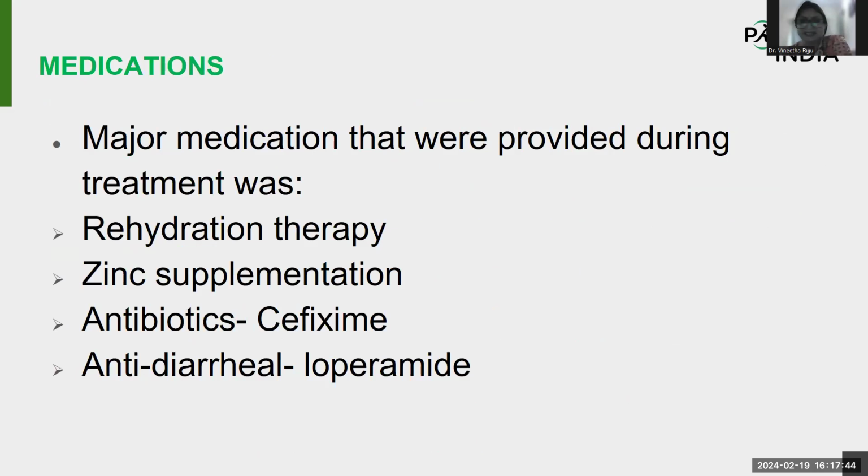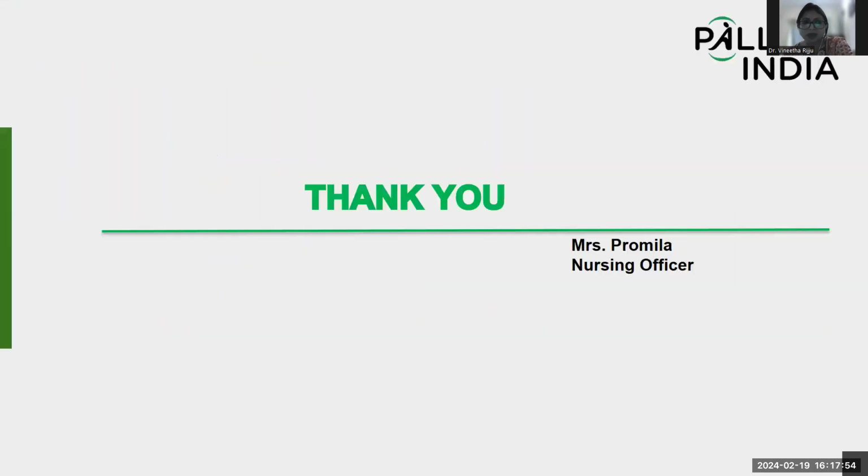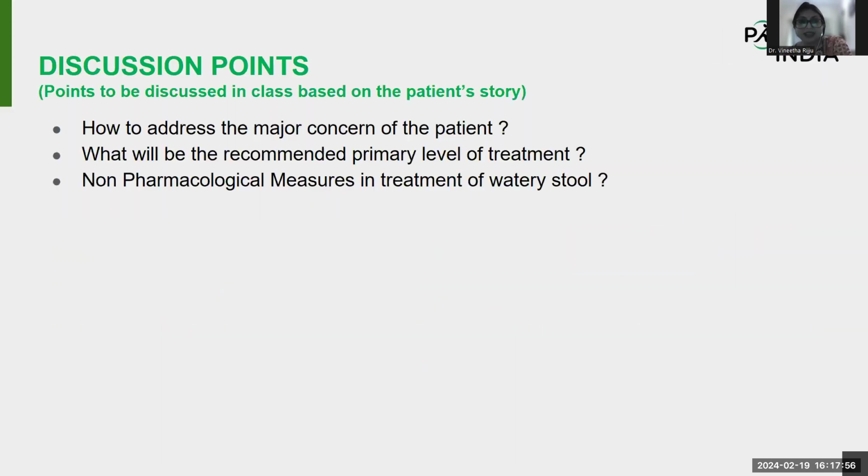Now in palliative care, what we need to understand is that for any symptom there will always be multiple dimensions. In palliative care we do not just look at the symptom as a physical symptom, but we should also look at and treat the patient as an individual, as a whole.